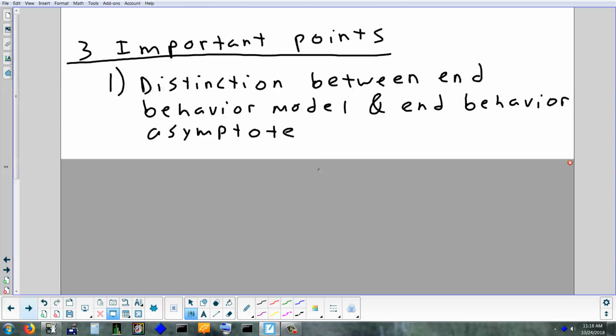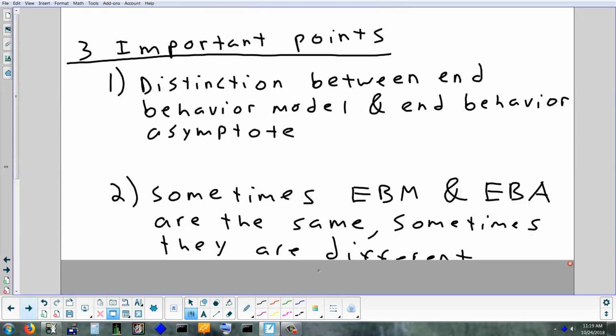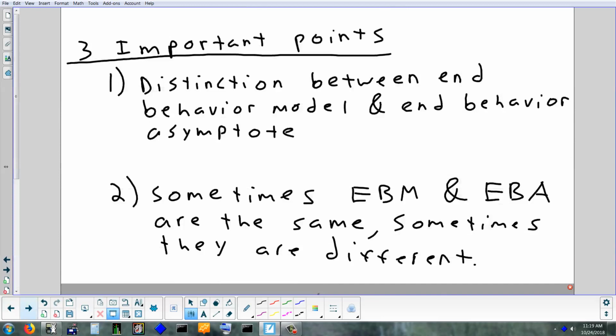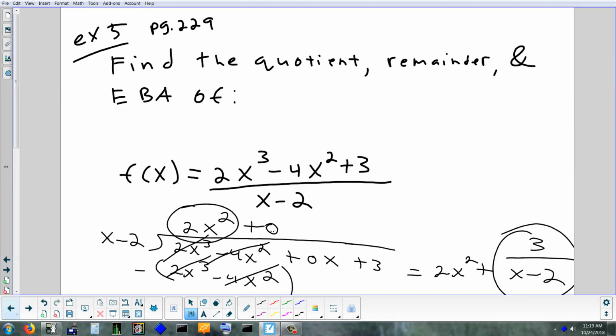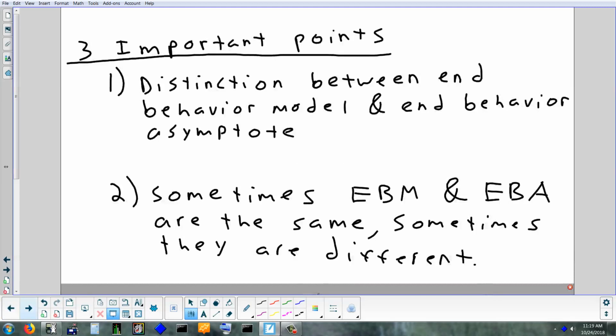EBM, I already mentioned, divide the highest degree term in the top by the highest degree term in the bottom. EBA, you do long or synthetic division. So the process to find them is different. But once you find them, sometimes the EBM and the EBA are the same. In the last problem we just did, they would be the same.